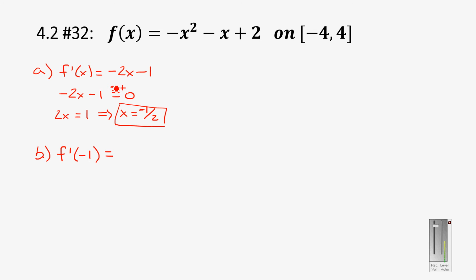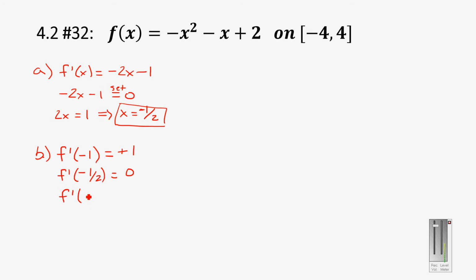That would be negative 1 times negative 2, which is positive 2, minus 1, that equals a positive 1. F prime of negative 1/2, negative 1/2 times negative 2 is a positive 1, minus 1 is 0. Well, that makes sense. That's where our slope was equal to 0. It's kind of sad that I even checked that. That was our critical point.